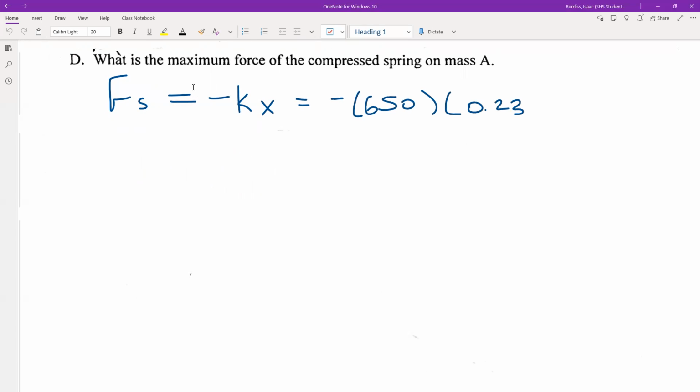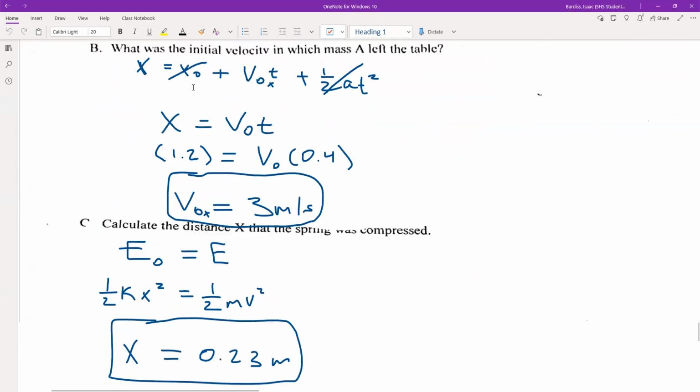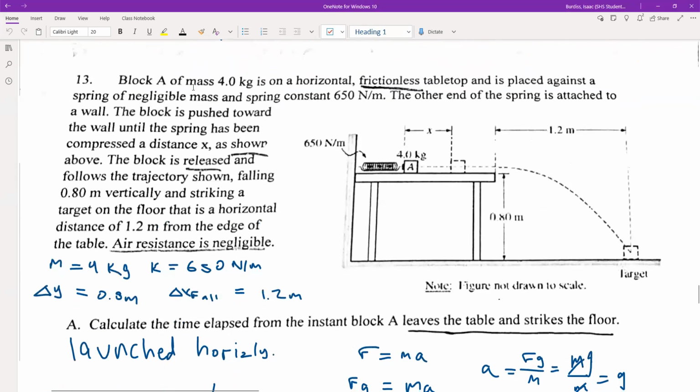But this time we need to realize something. We actually do need to put a negative in here because it's compressed. Let me scroll back up here. When it's compressed, the force always tries to make it go to where its equilibrium is. I said that on question 1.